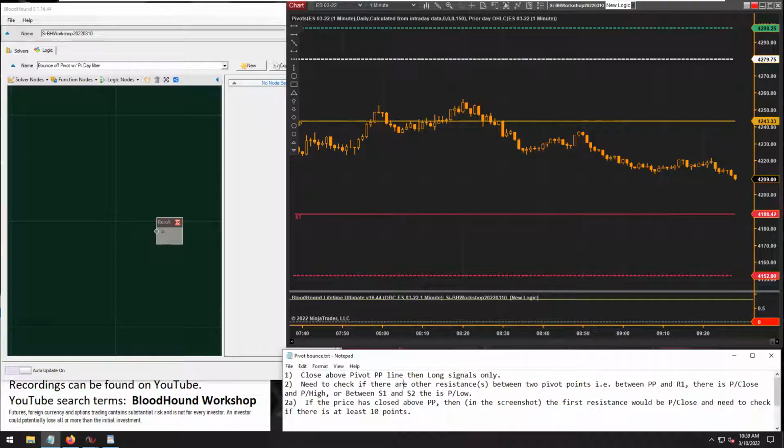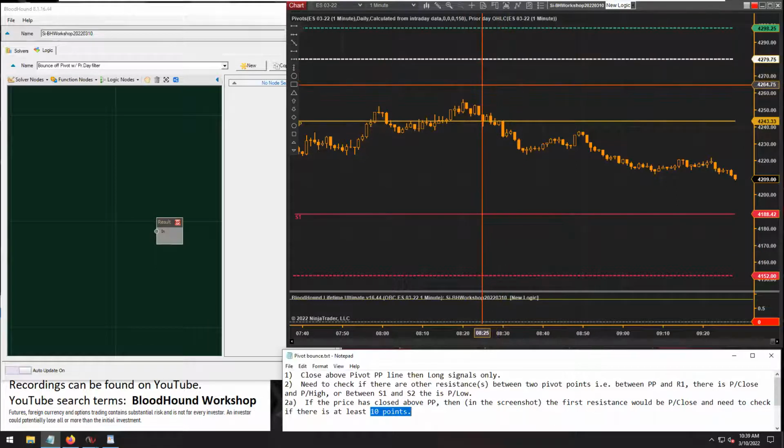And there needs to be a minimum distance here. So getting to rule 2A, we need at least 10 points of separation between where the closing price is to any of the prior day high, low, or close lines. So the market open is not included here.